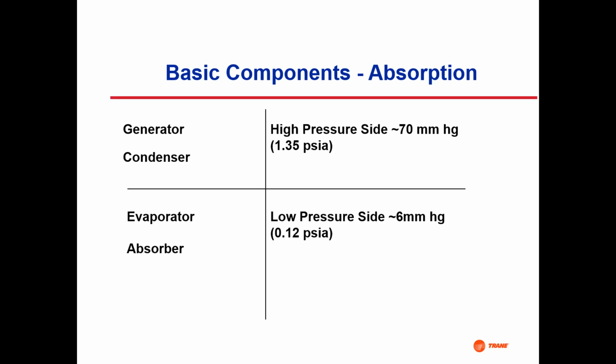That's roughly 1/10 of an atmosphere, which is a vacuum. The high pressure side is a vacuum. The low pressure side is a pretty hard vacuum, about 10 times lower than the high pressure side. So the evaporator and the absorber operate at the low pressure, which is about 0.12 psi-A.